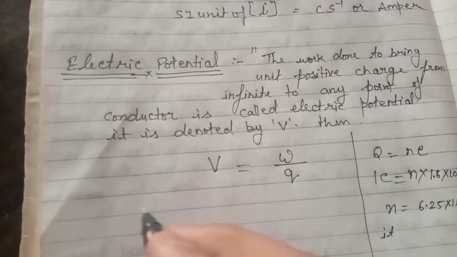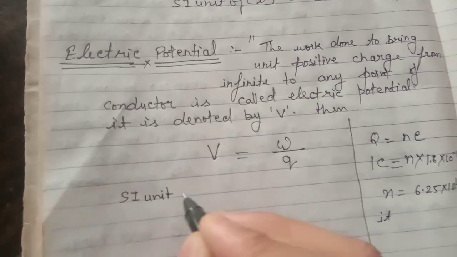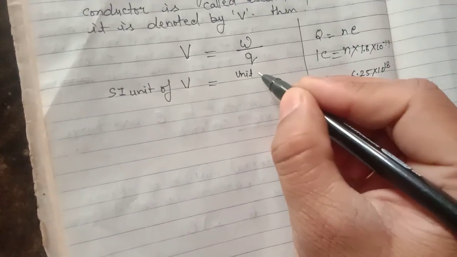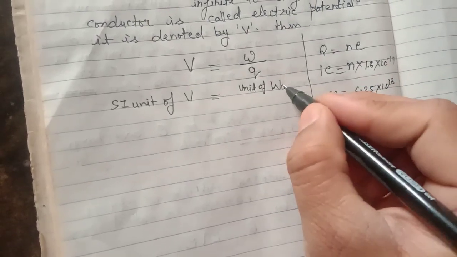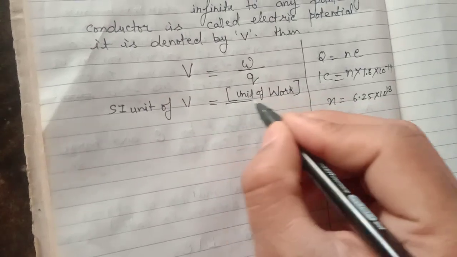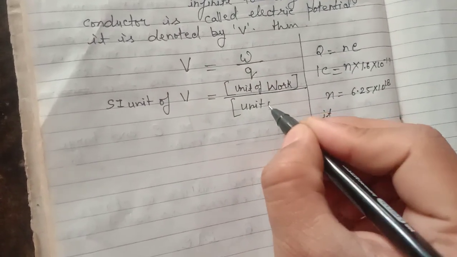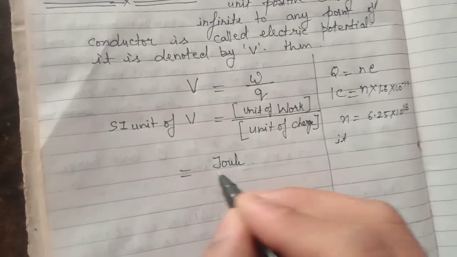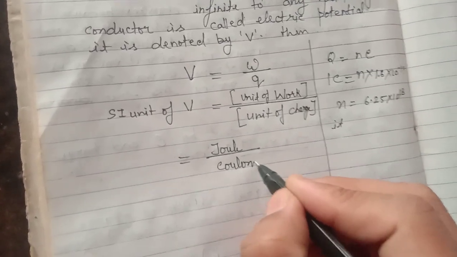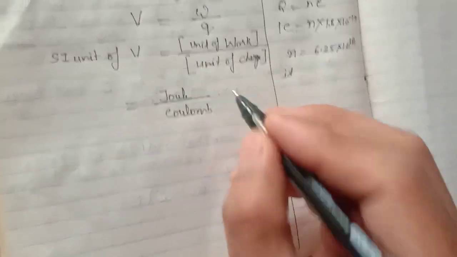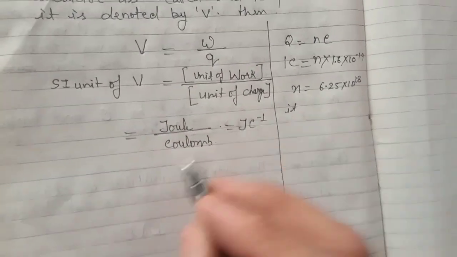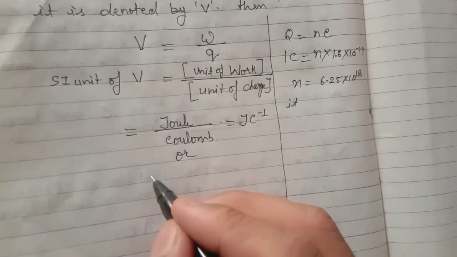So the SI unit of V is the unit of work upon the unit of charge. The unit of W is joule, and charge is coulomb. So joule per coulomb, or it is volt.